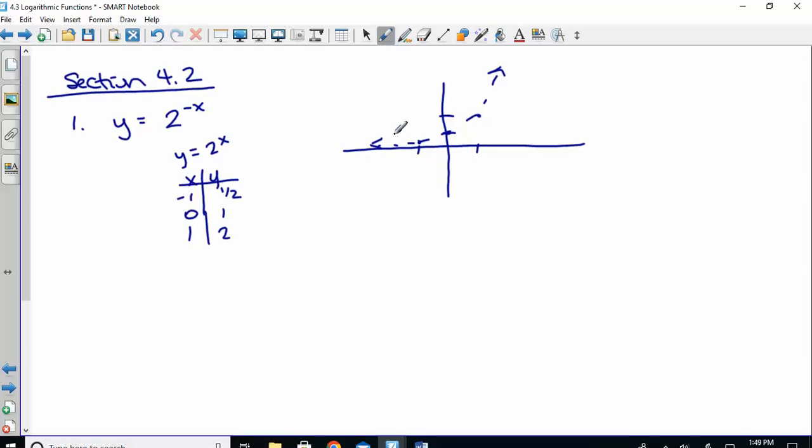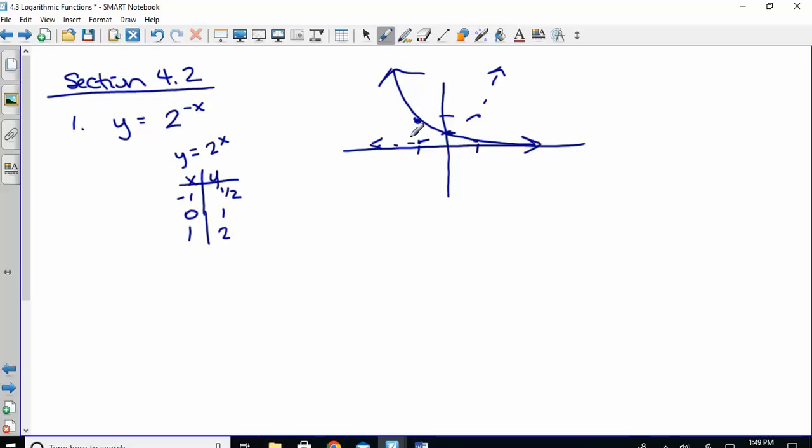Flips it over the y-axis. I'm trying to make my x's opposite. So it would look like this. Okay, so I might ask you to graph an exponential. Can we handle that? Plug in our 3 points and transformations as before.